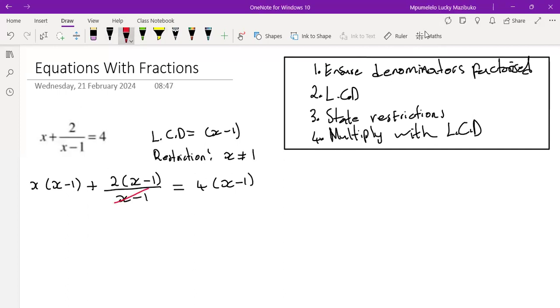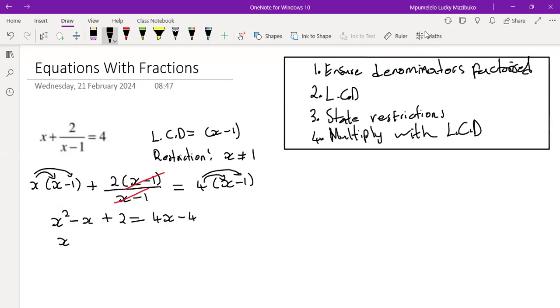Now you'll realize x minus 1 goes into x minus 1 once, it cancels out. So then this will be x squared. You distribute this x into the bracket, you'll get x squared minus x plus 2 equals to the 4 distributed, which will basically give you 4x minus 4.